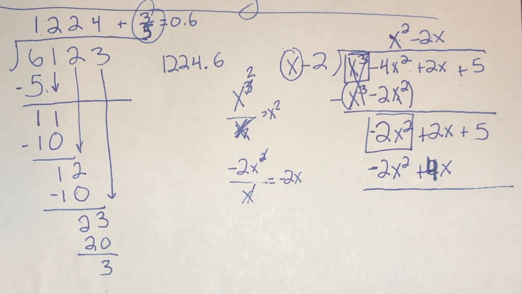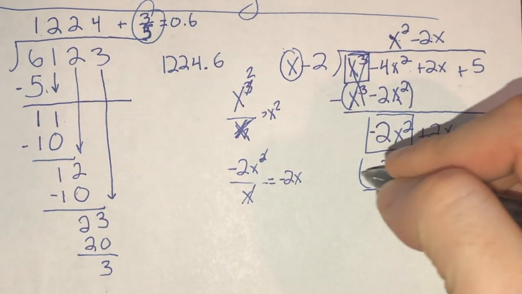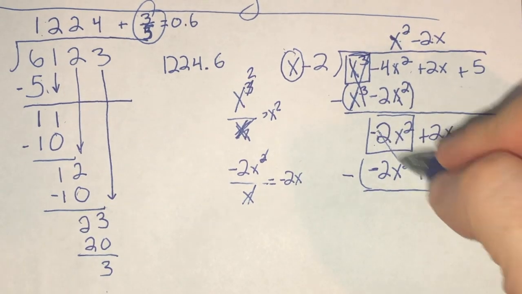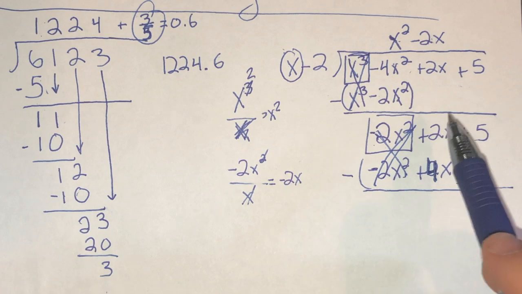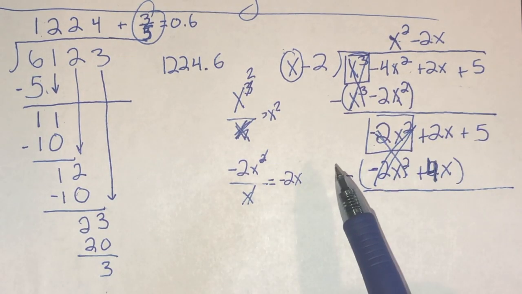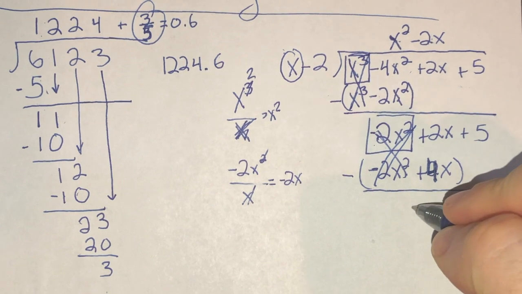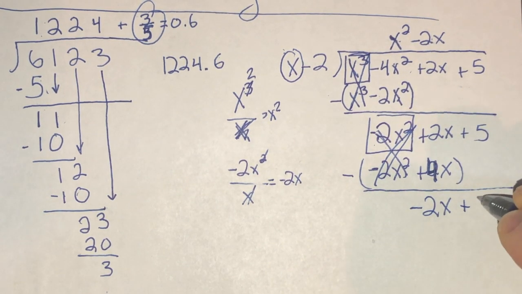Phew. Now I subtract again. Negative 2 minus negative 2 is 0, they cancel out. Here we have to be careful: 2 minus 4 is negative 2x, and then the 5 comes down.